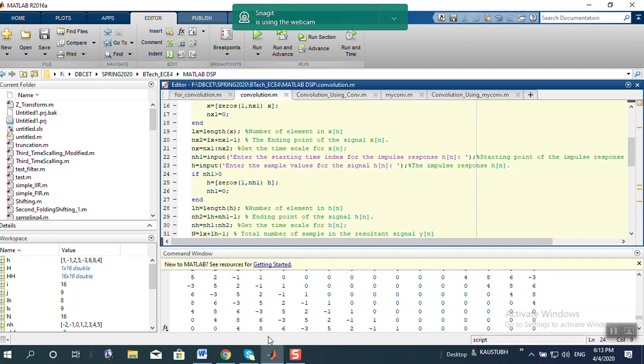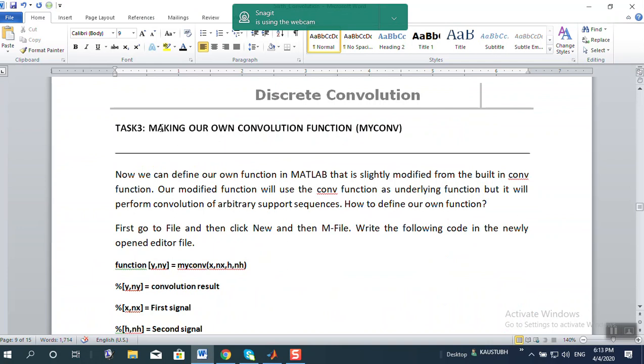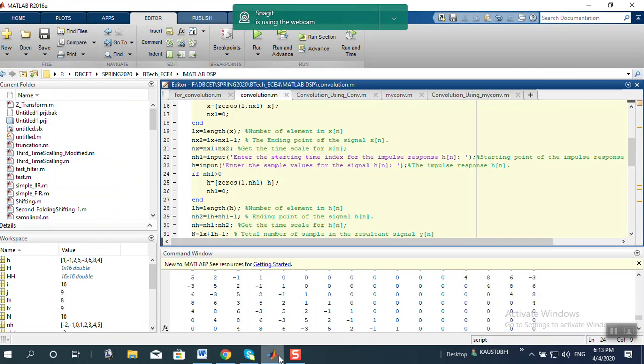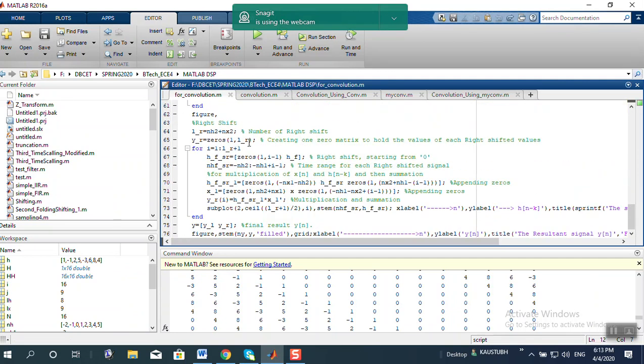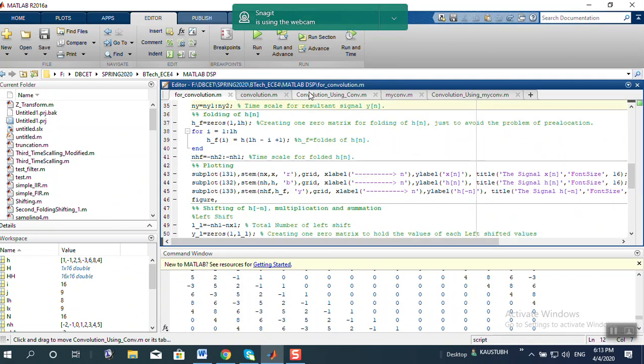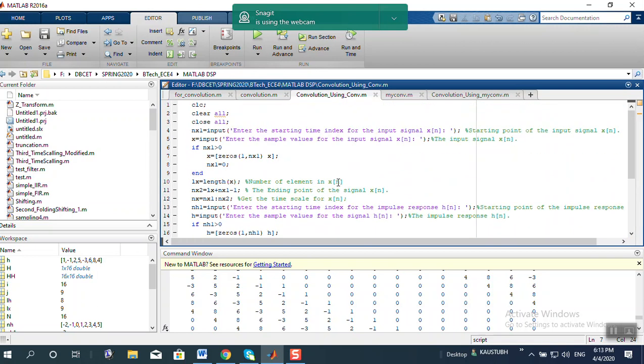as I have mentioned in this document, task 3, making our own convolution function using conv function. Now, we develop our own code, this or this, but still I can use the conv function also.